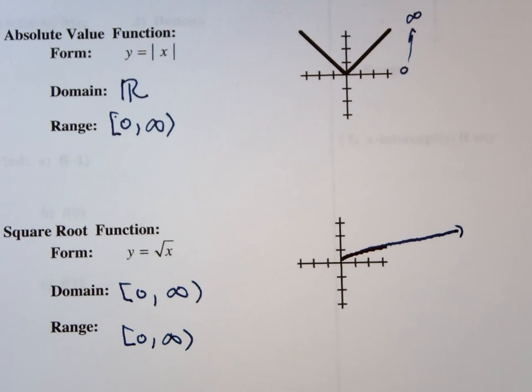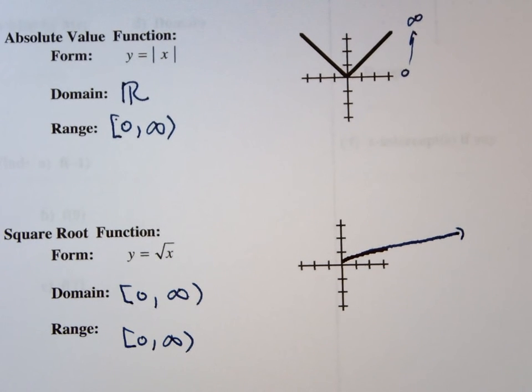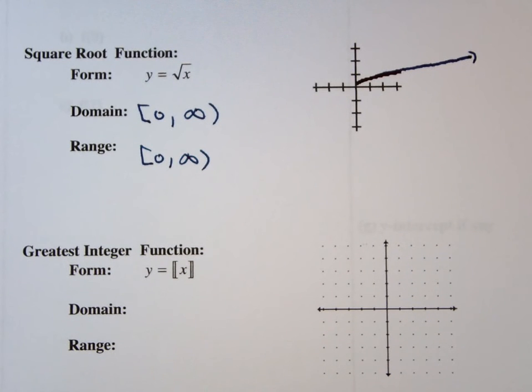Those are the big guns. The big guns are going to be x squared, x cubed, absolute value of x, square root of x. Those are going to be the big functions in 1.5. Now this I'll introduce to you. We don't use him.